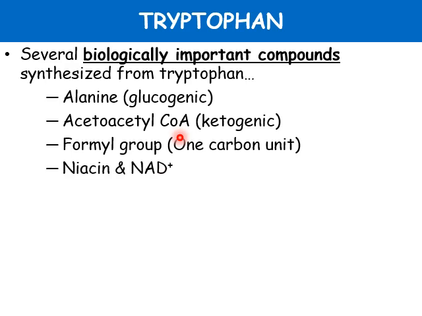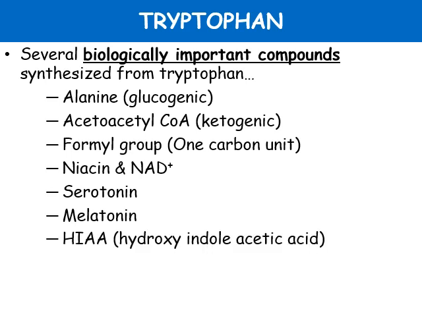It produces the niacin, that is a B complex vitamin, a water soluble compound, and from the niacin we'll get NAD+, that is a coenzyme form of niacin. Serotonin and melatonin are the neurotransmitters synthesized from tryptophan. Then hydroxyindole acetic acid and indican, they are the end products of tryptophan.